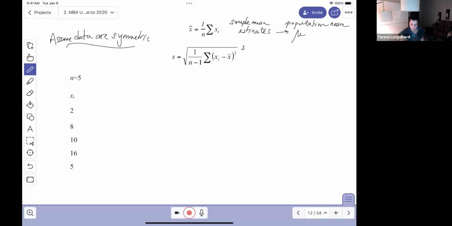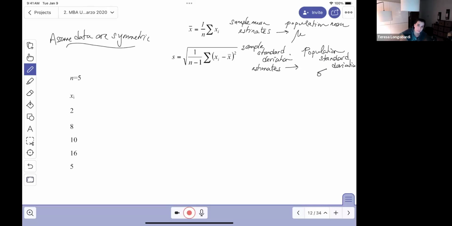The sample standard deviation has this formula, and it estimates the population standard deviation, whose symbol looks like this.